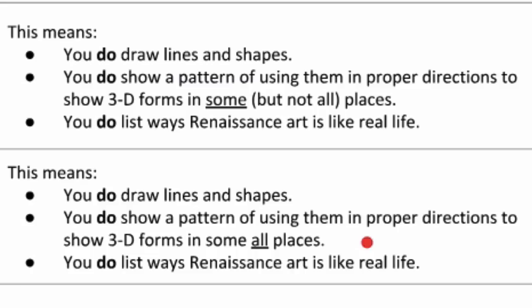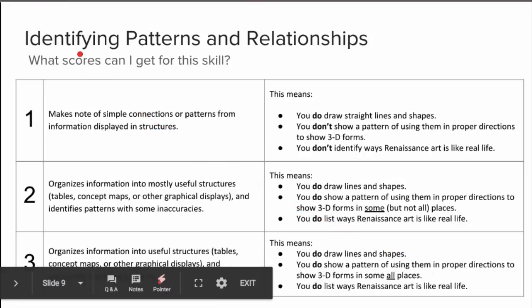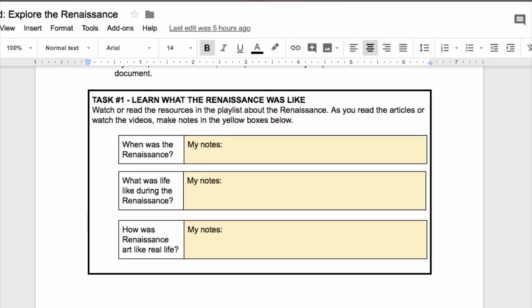And it'll also help you earn a 3 if you list ways that Renaissance art is like real life. And you'll see that as one of the questions in an activity that you do during this project. You'll be reading articles, maybe watching videos, maybe viewing some presentations, and after doing all that, you'll take some notes.